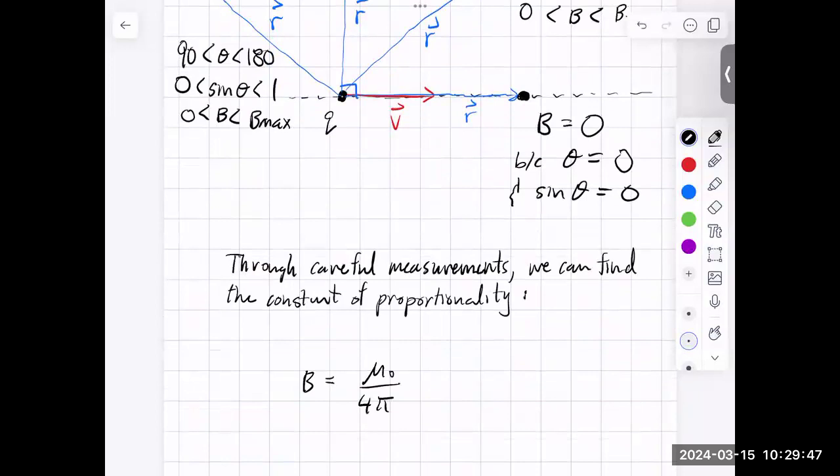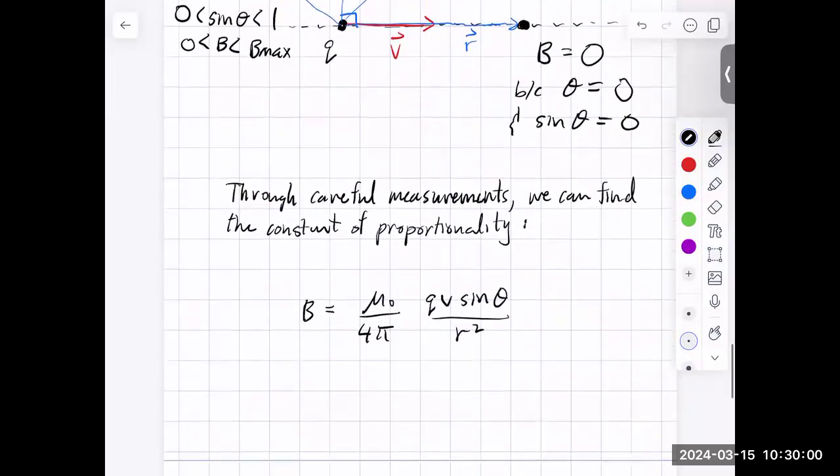It's a bit of a weird way to write it, but that's what we're stuck with. And so it's mu naught over 4 pi times QV sine theta divided by r squared. So this is our constant of proportionality.